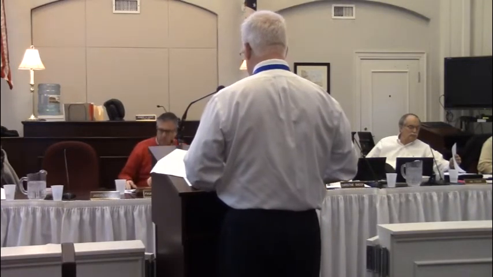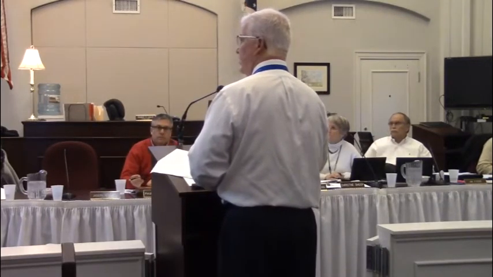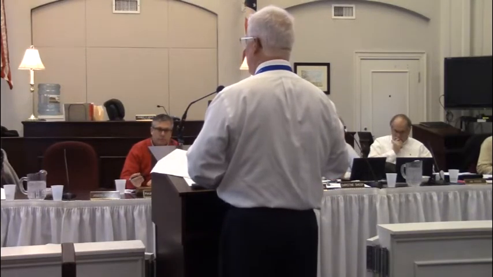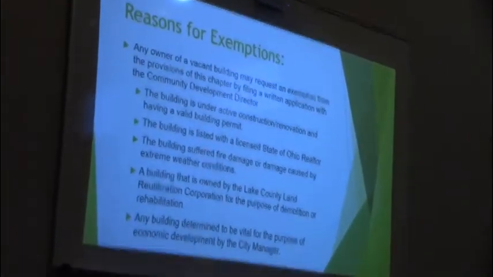Buildings that suffer from fire damage or damage caused by extreme weather, it's 90 days. And typically it's 90 days because people contact their insurance agent, they're getting permits to fix up the house or they're going to demo the house.